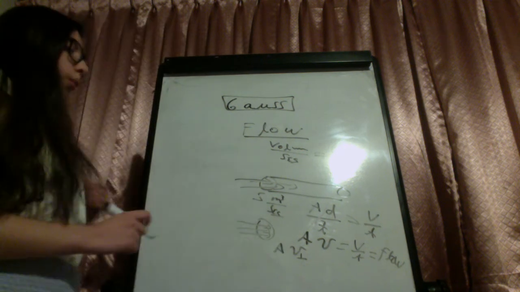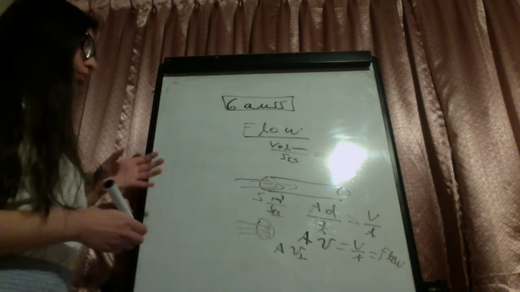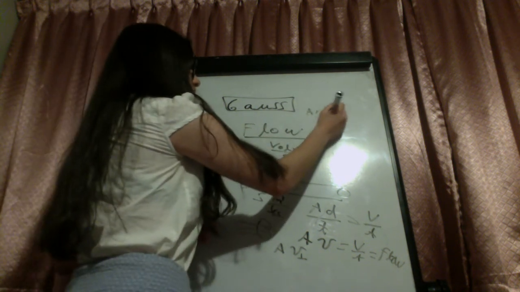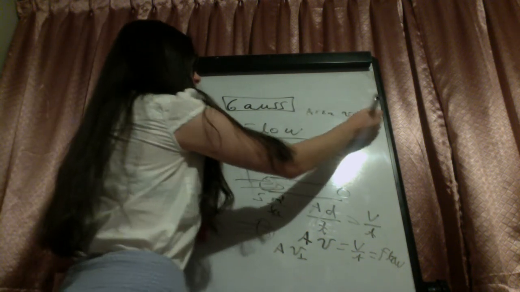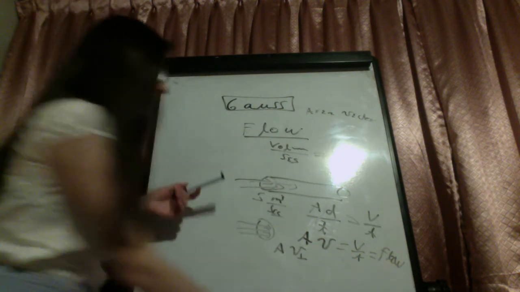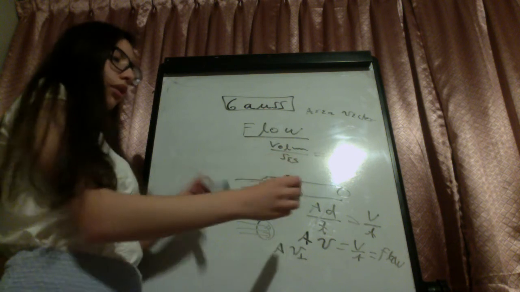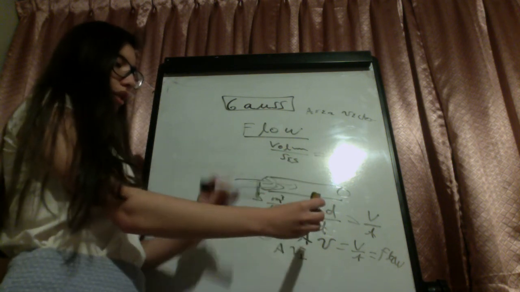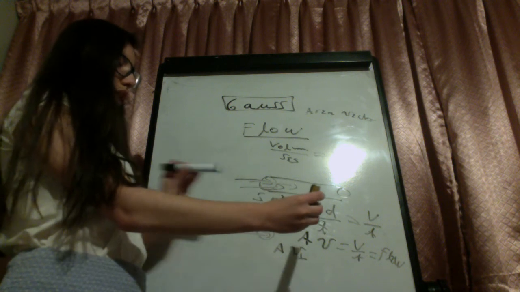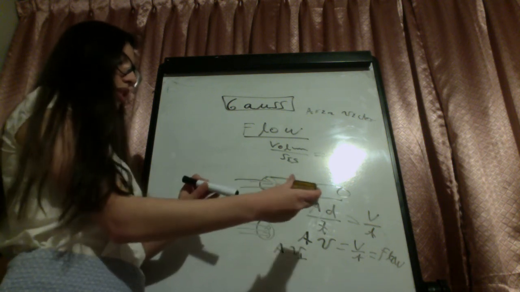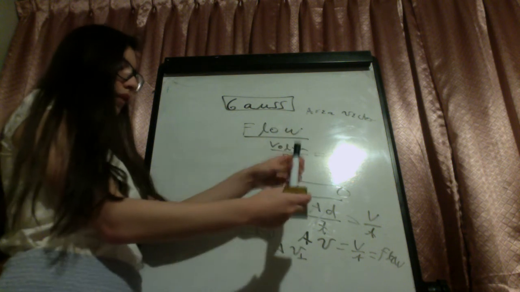Now we can introduce something that is called the area vector. This area vector is a vector in which the direction is perpendicular to the area that we're talking about. For example, this is the cross-sectional area, so this is the direction of the vector area.